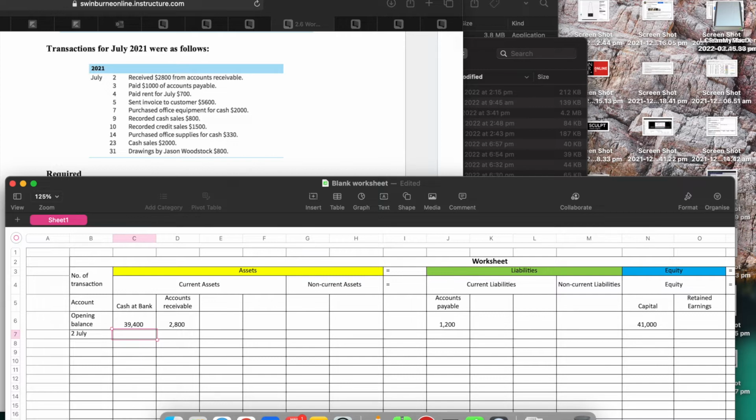Okay, so first one, number 2, receive 2,800 from accounts receivable. So when it's saying received money from accounts receivable, it means I've got money coming into the bank. The accounts receivable that owed me 2,800 are now paying that. So we want to increase the money in our bank because we've got money coming in the door.